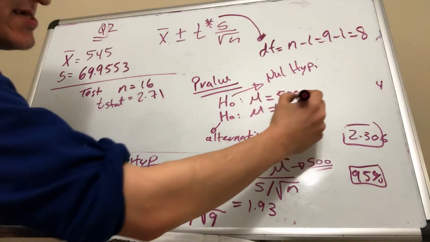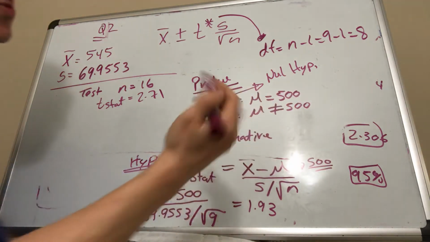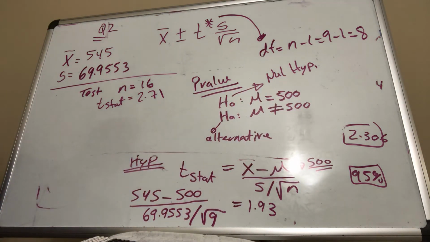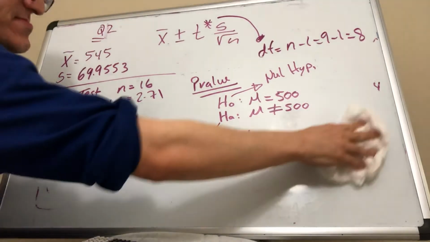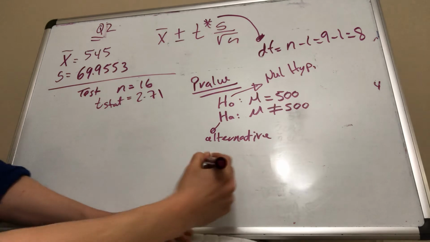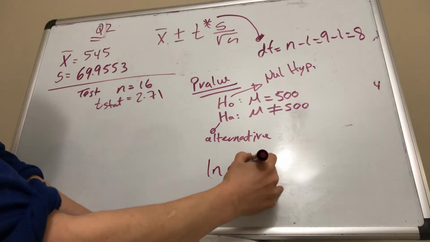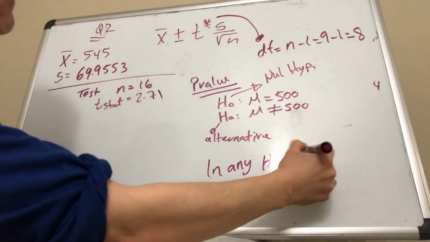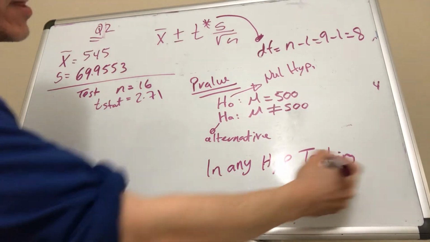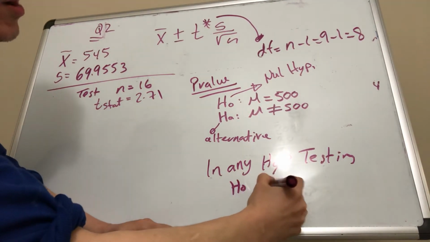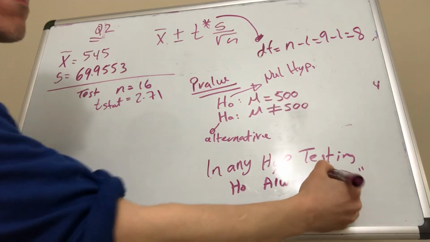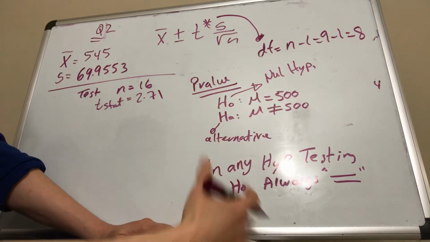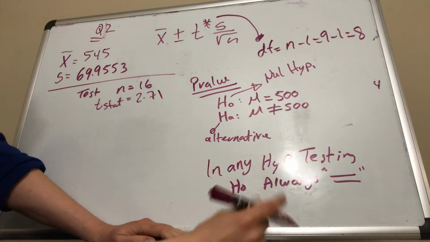Now, HA is usually one of three things. In any hypothesis testing, H0 is always equal. Whether it's mu or p or whatever, it's always equal.